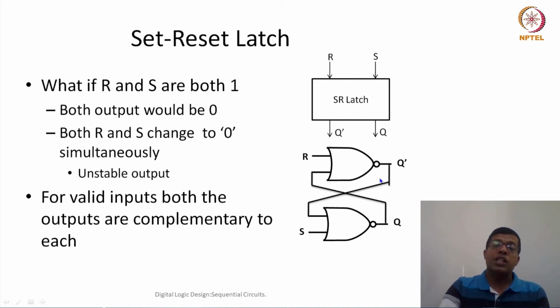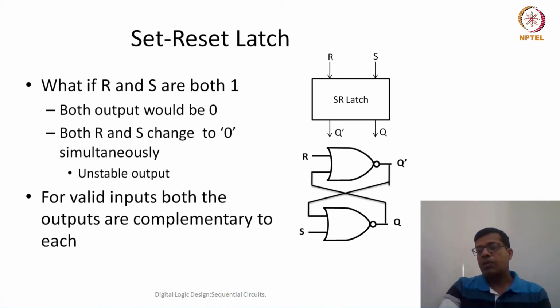Now since the circuit is identical, we have to assume the delays are also identical. If the delays are identical, then at the same time this 1 will come to the input of both of these NOR gates, so because now the input is 1 to both of them, the output will become 0 again after some delta time.